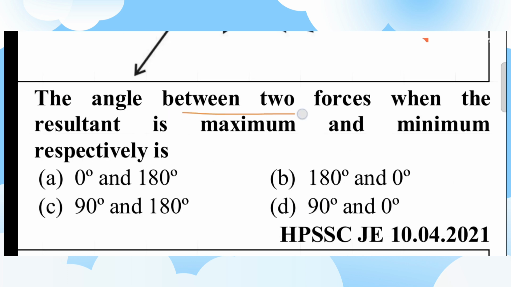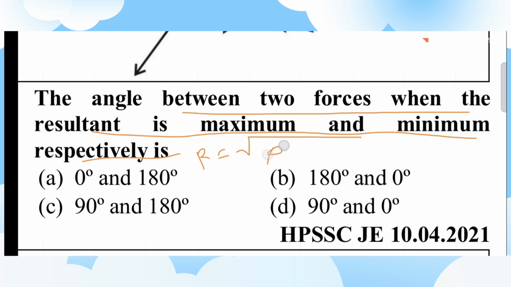The angle between the two forces when the resultant is maximum and minimum, respectively. We know that the resultant force from the parallelogram law is the square root of P square plus Q square plus 2PQ cos theta.